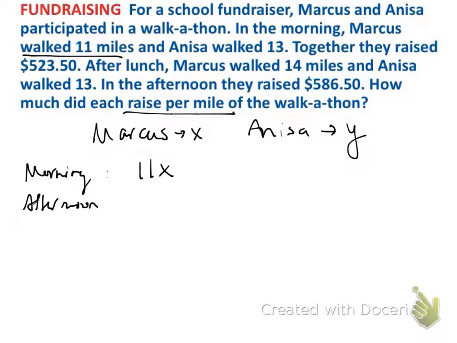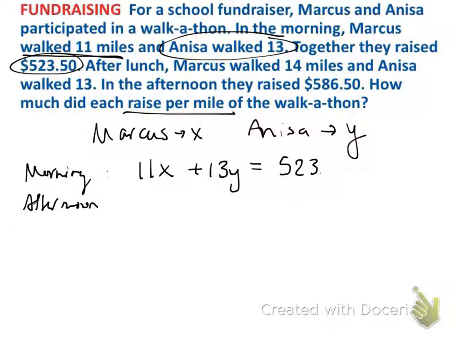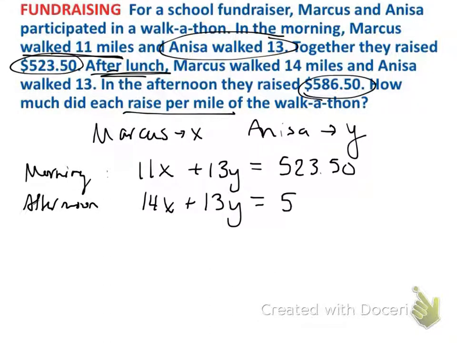That was what the question asked us. And Anissa is 13, and they raised a total of $523.50. And then we've got the afternoon, the after lunch, we've got Marcus for 14 and Anissa for 13 with a total of $586.50.